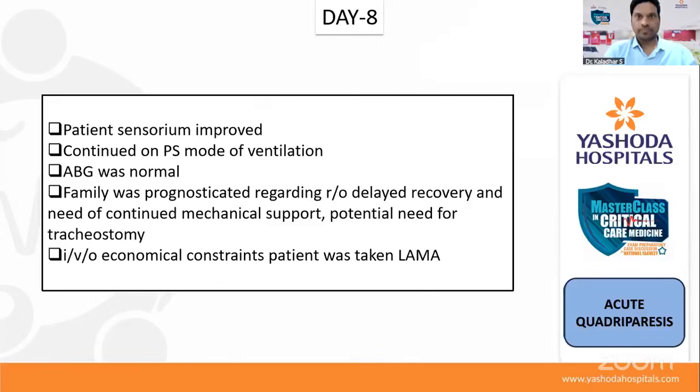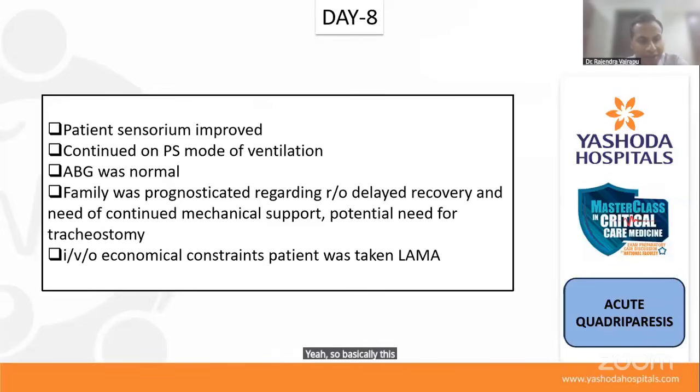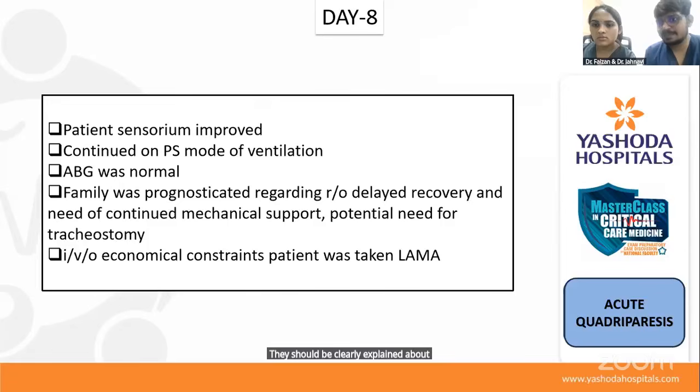Anything, sir? Yeah, so basically this patient's SBC is marginally improved, and maybe because of financial constraints, patient might have been moved to ward. At this juncture, what would you advise the nurses on how to monitor this patient in wards? They should be clearly explained about the use of the bedside evaluations.